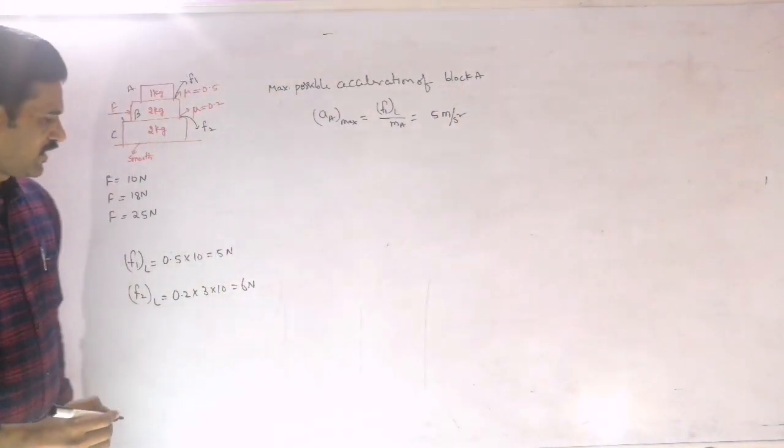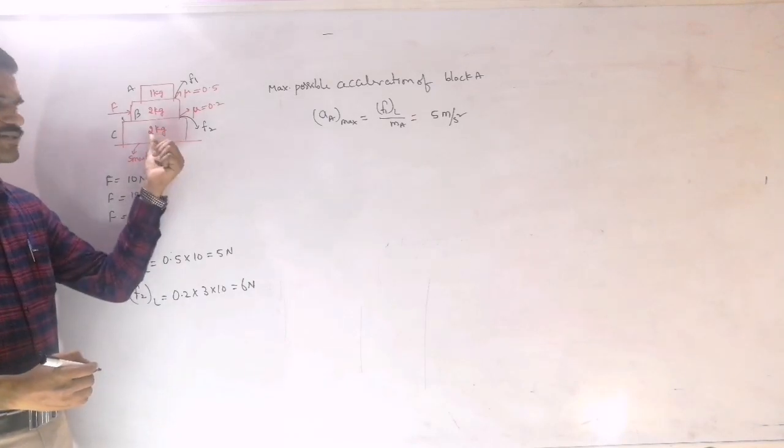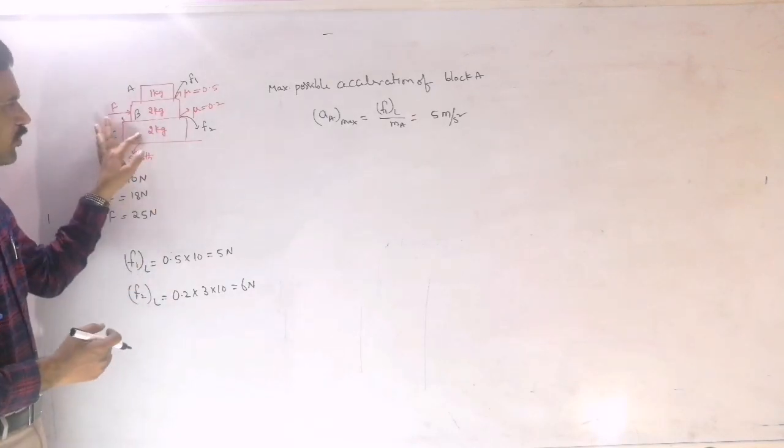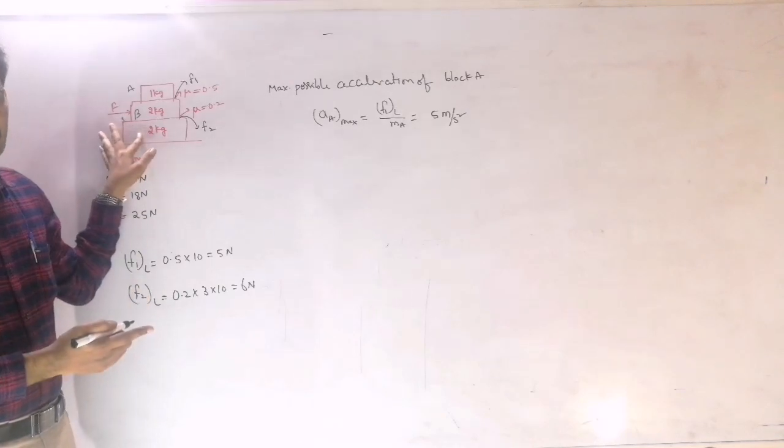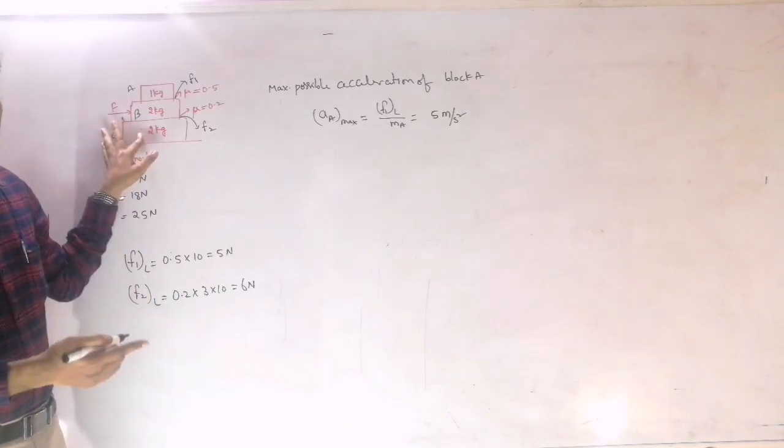Is it clear? Next, similarly let us write the maximum acceleration of block C, because on block C also there is no direct external force acting. Only friction should accelerate that block.